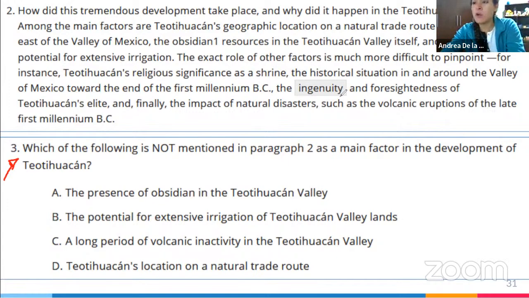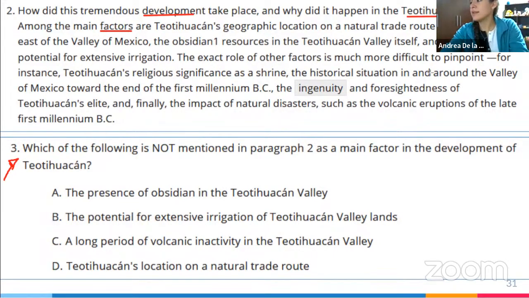So instead of development, you might have the word growth. Instead of factor, you have reason, right? So we look for those, but I think it's pretty obvious what's here. We have the word development, we have the word Teotihuacan, and we have the word factor.